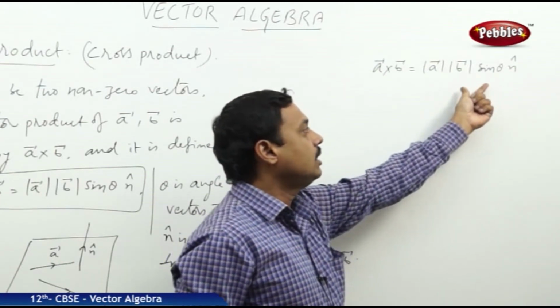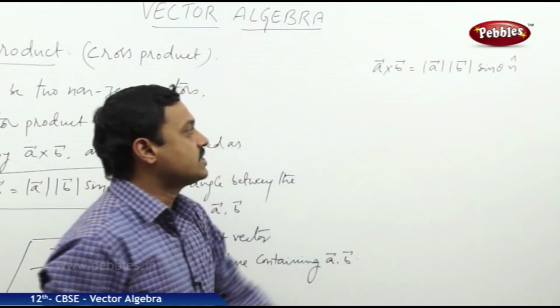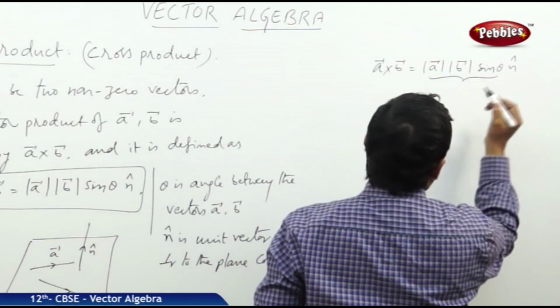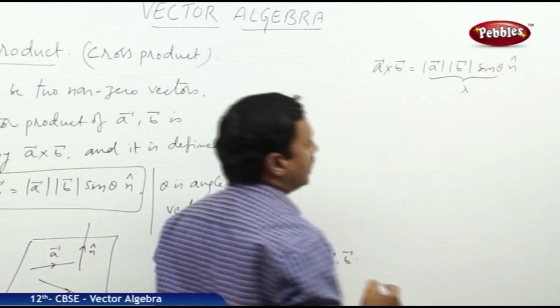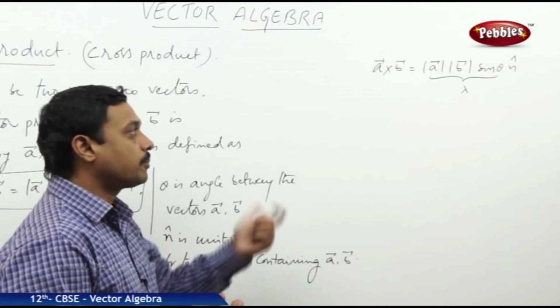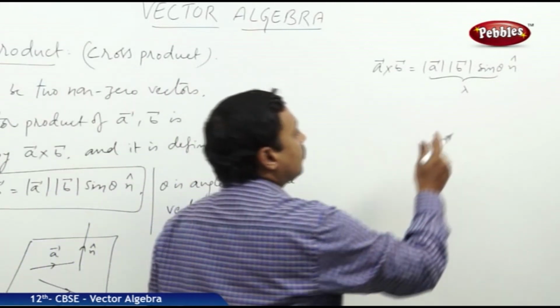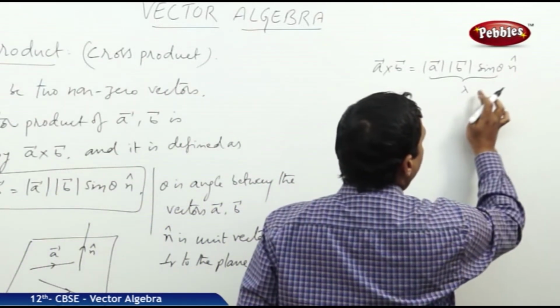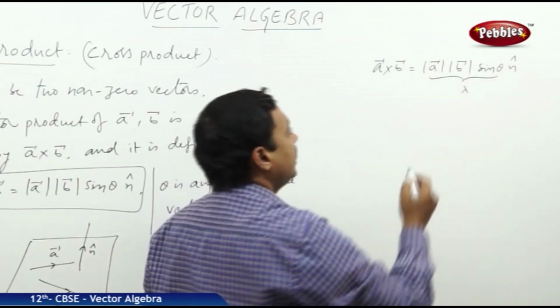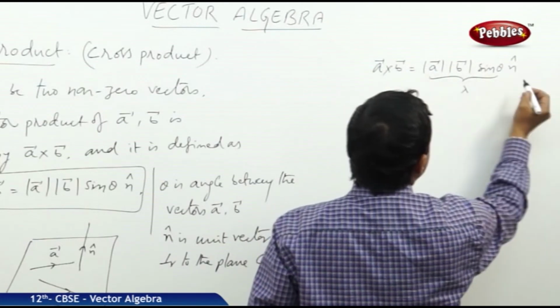Sin theta is a numerical value which lies between -1 and 1. That means the product of these three gives some constant, let it be lambda, into n cap. n cap is a vector perpendicular to them. So lambda into n cap, a multiplication of a vector with a scalar, is also a vector. So finally this entire product is a vector.